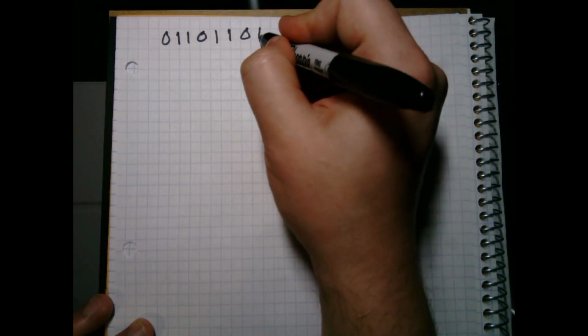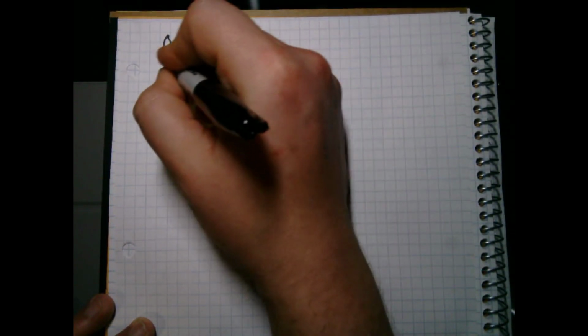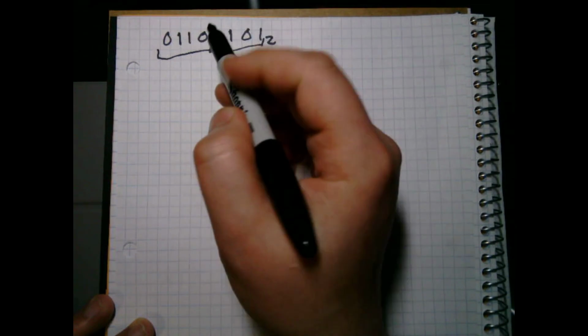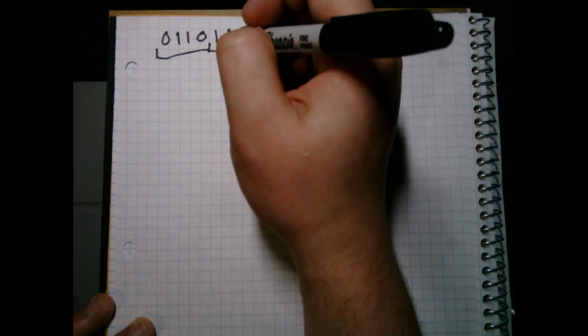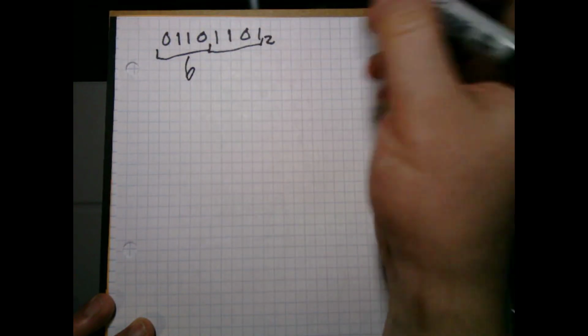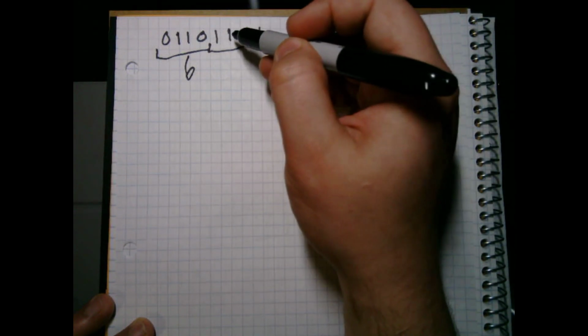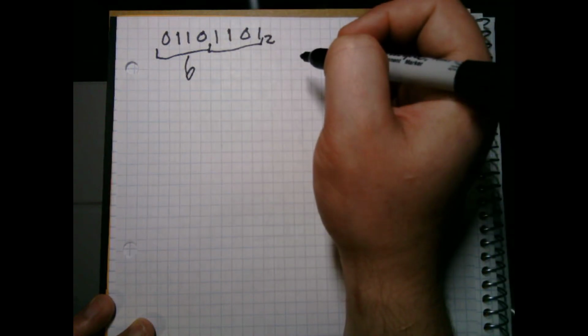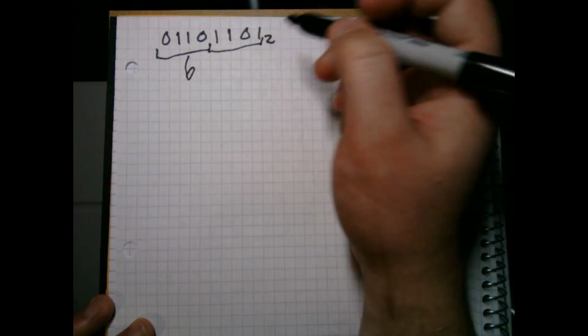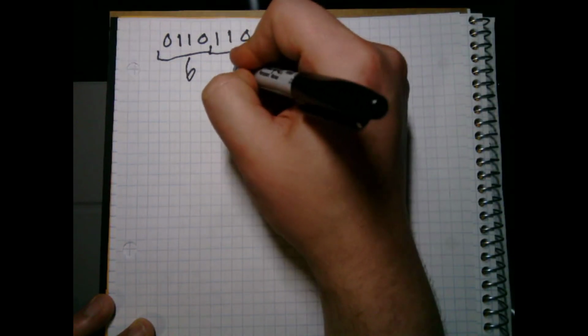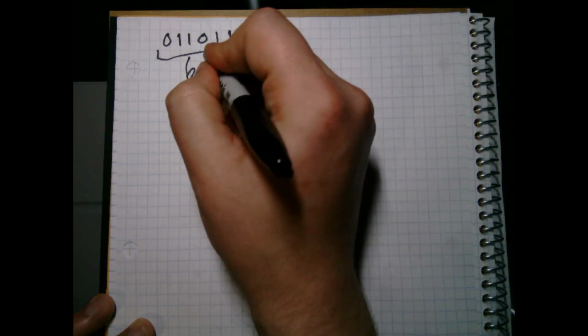So we just group everything in 4s. There's a group. There's a group. 0, 1, 1, 0 is a 6. 1, 1, 0, 1 is 8 plus 4 plus 1, which is 13, which if A is 10, B is 11, C is 12, D is 13, and there's our number 6D.